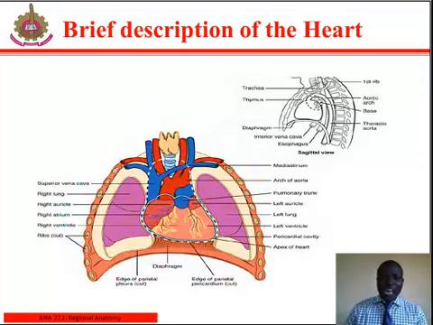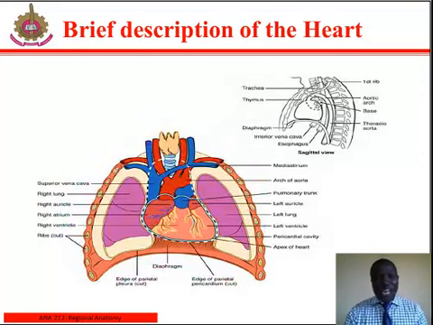The heart is separated from the other mediastinal structures by a tough membrane known as the pericardium or pericardial sac, and sits in a space called the pericardial cavity.